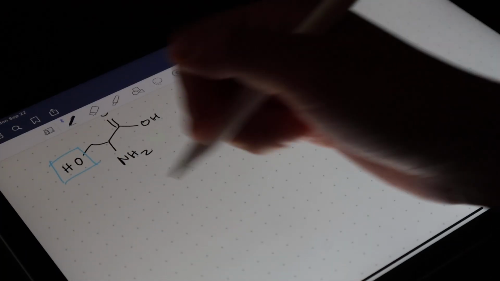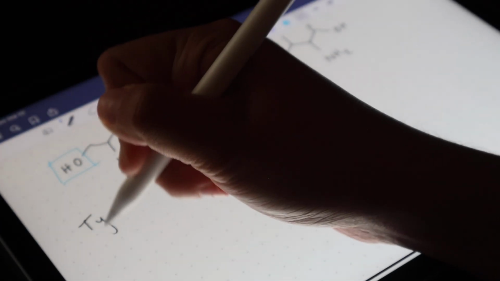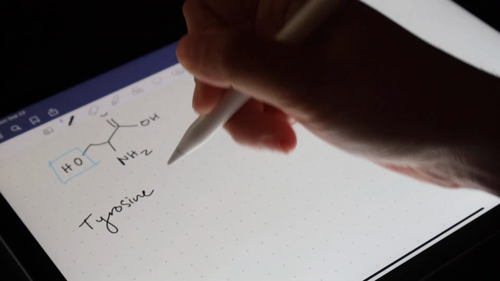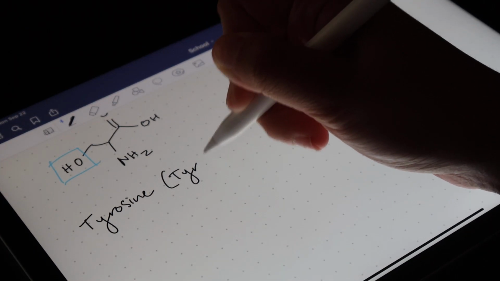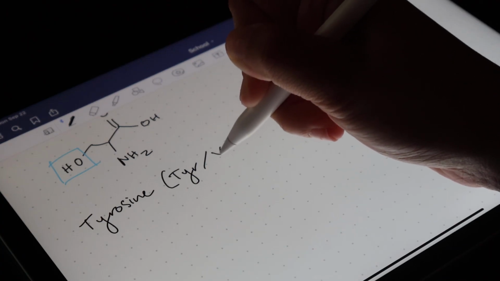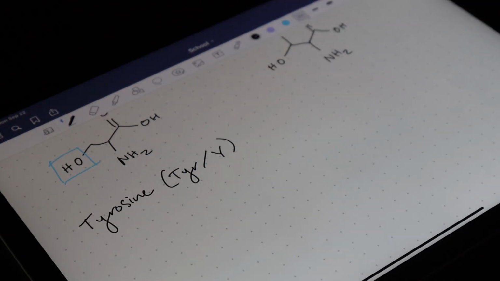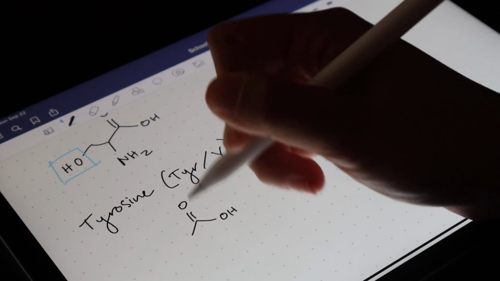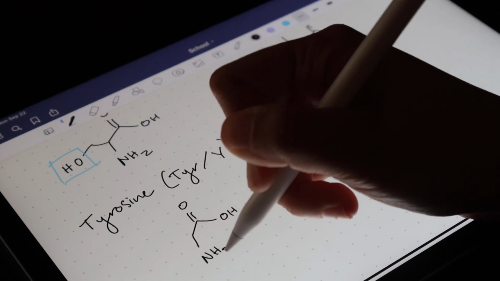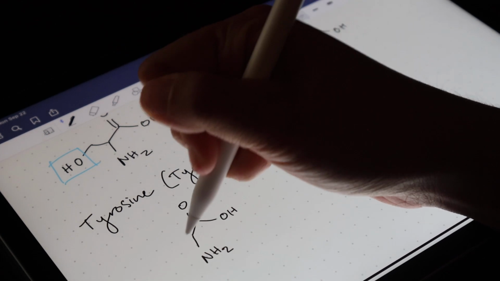So then we have tyrosine. This one is TYR or tear, and Y. And this one looks like this.